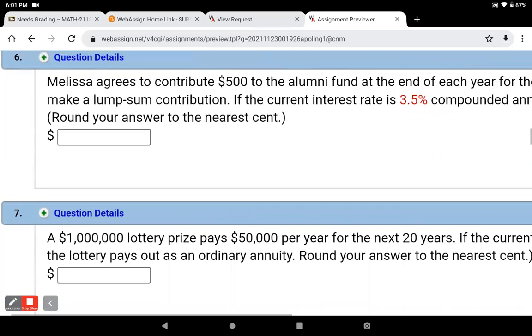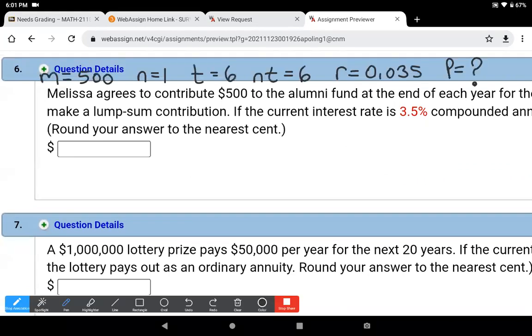That's not the greatest spot. Let's try that. Okay, so let's write out our equation.